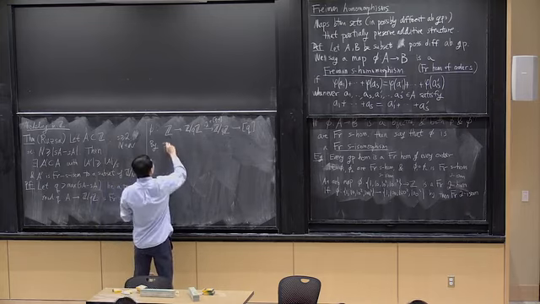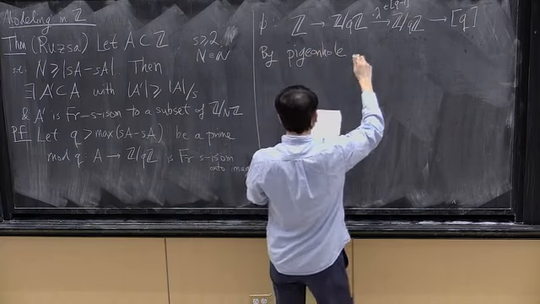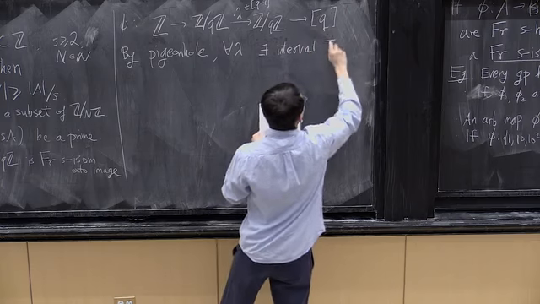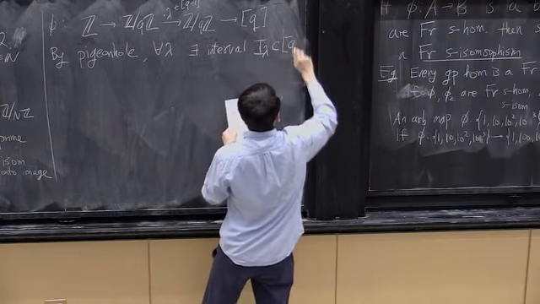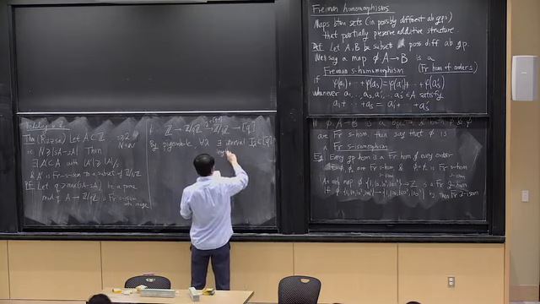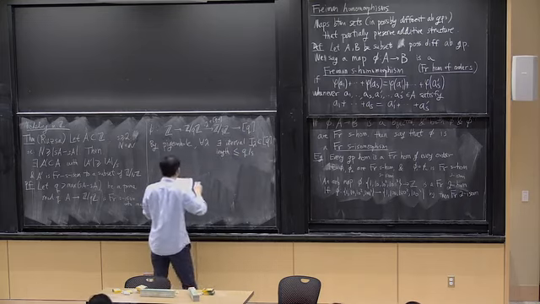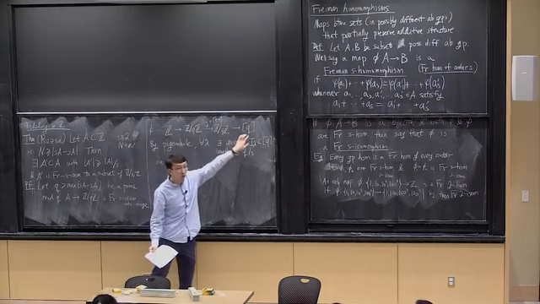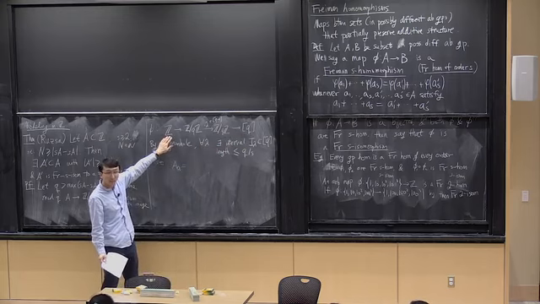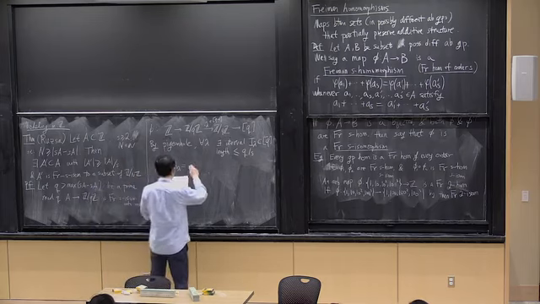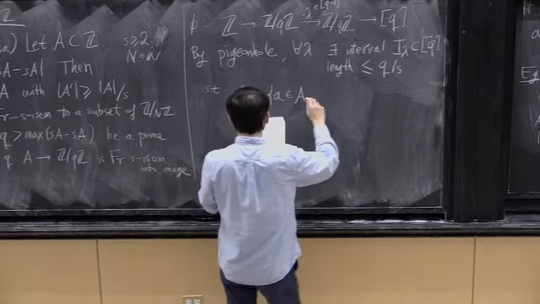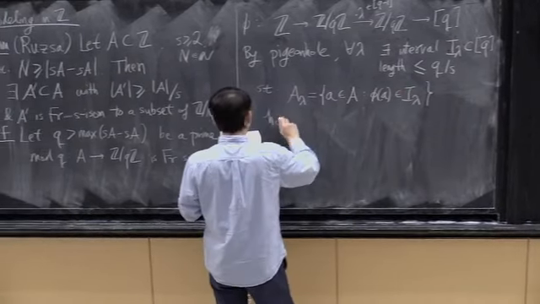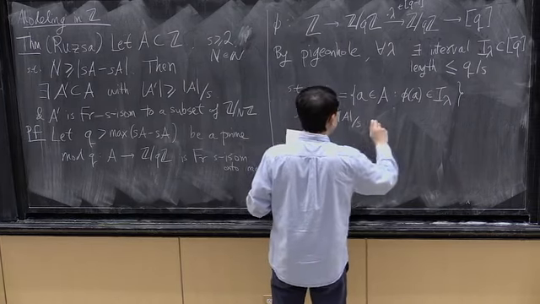And you can do this by pigeonhole. By pigeonhole, for every lambda, there exists some interval, which we denote by I sub lambda inside Z mod Q. The length of this interval will be at most Q over S, such that if I take the restriction to this interval and pull it all the way back to the beginning, then I still get lots of elements of A. So A sub lambda, meaning the elements of A whose image gets sent to this interval, has at least |A| over S elements.